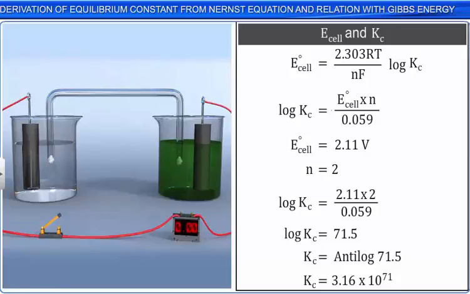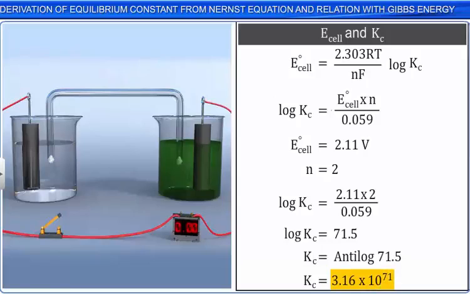Log of Kc is equal to 71.5. To find Kc, you can take the inverse log or the exponential function of both the sides. This gives us a value of 3.16 into 10 to the power 71 for Kc, an extremely large number.